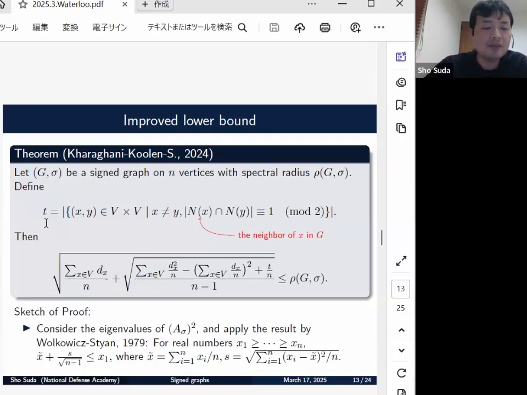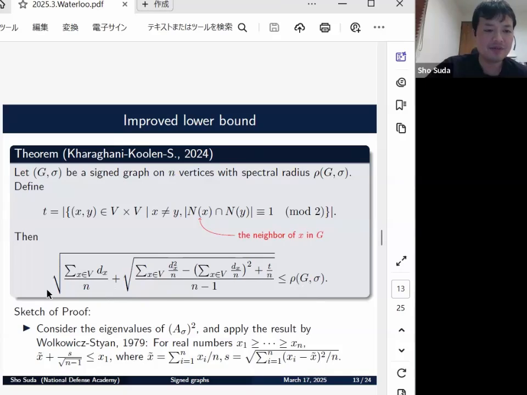So t is counting the pairs of two vertices x and y, such that x and y are different vertices, and the size of the common neighbors of the two vertices is odd. Then we can improve Gregory's inequality this way. So the spectral radius is at least this value.